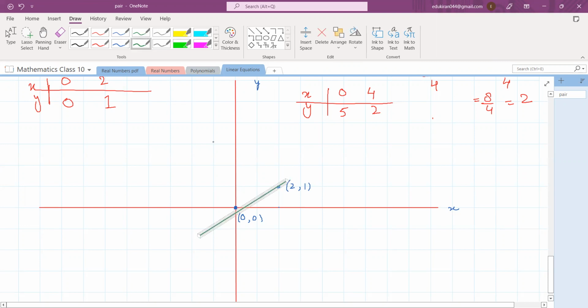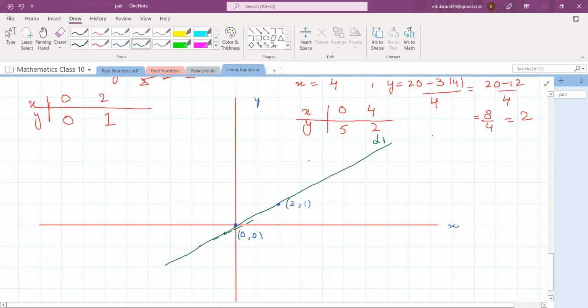I'm just roughly joining them, right? You can do it properly. So this will be the line. Mark it as my line L1, okay?